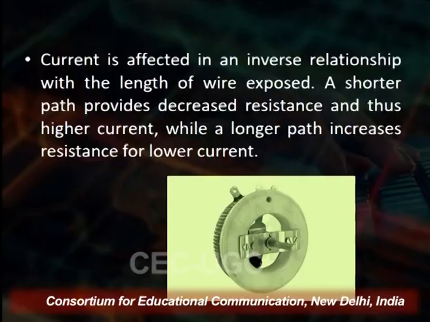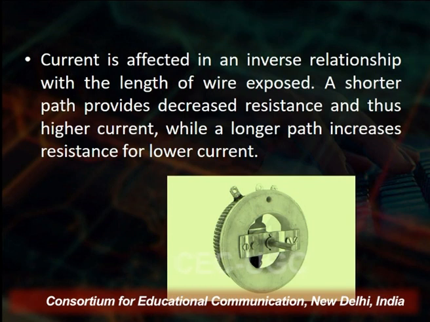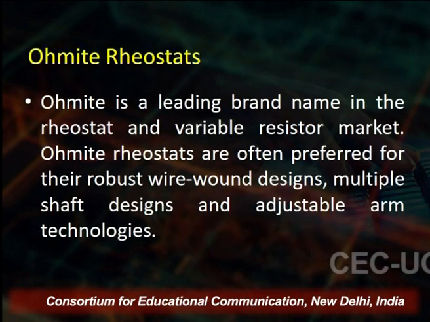Current is affected in an inverse relationship with the length of the wire exposed. A shorter path provides decreased resistance and thus higher current, while a longer path increases the resistance for lower current. You can see on the screen it moves in a round path. So this is the rotary rheostat.